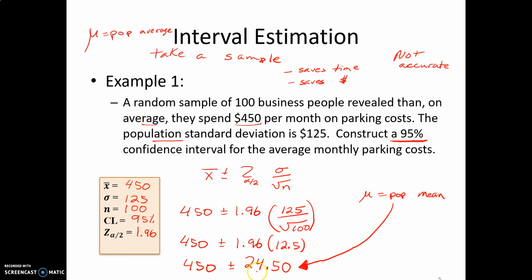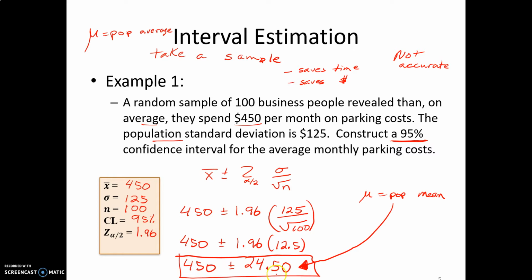But the number of people we survey, and we'll come to this later on in the chapter, is based on many reasons. Based on accuracy, but it's also based on how much time and how much money we have. We're doing the best we can given the resources that we have. So this is the confidence interval. That's what we need to leave it at, 450 plus or minus 24.5.